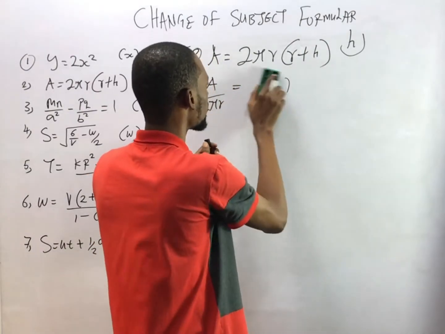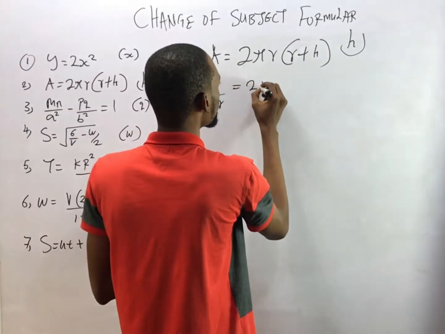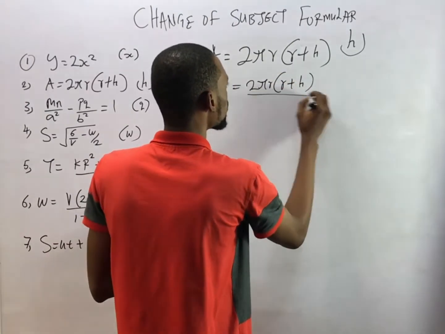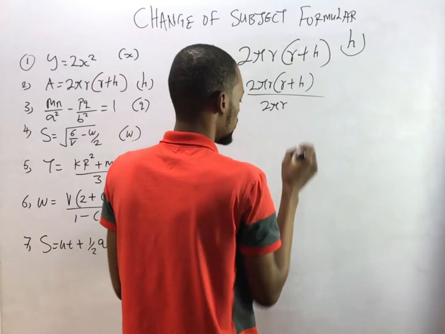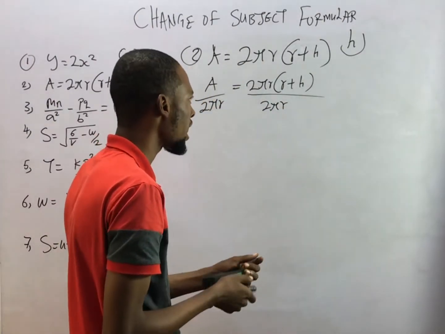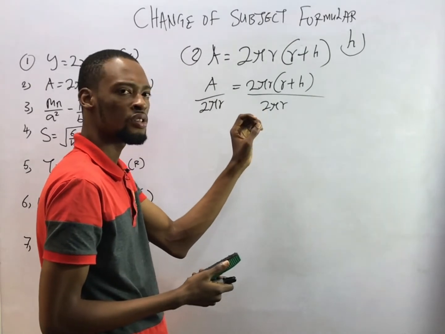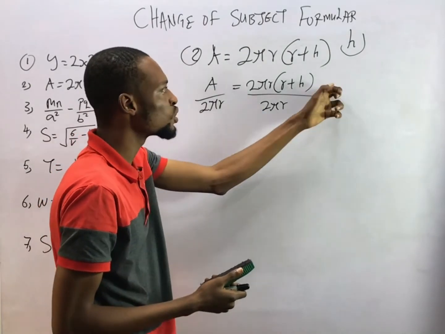So we are dividing both sides by 2 pi r because we don't need it. We clear distractions till we get to what we actually want.